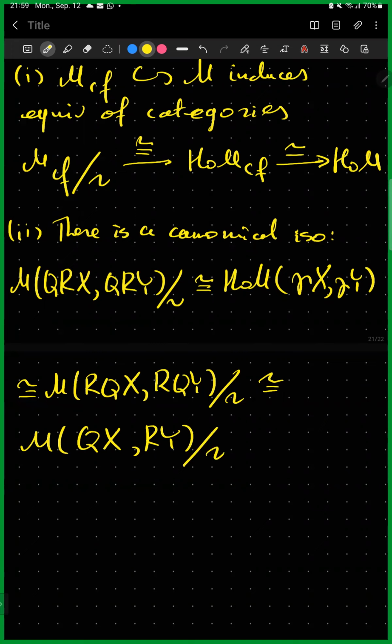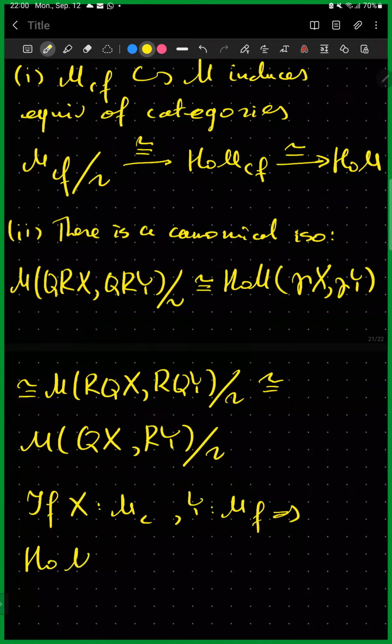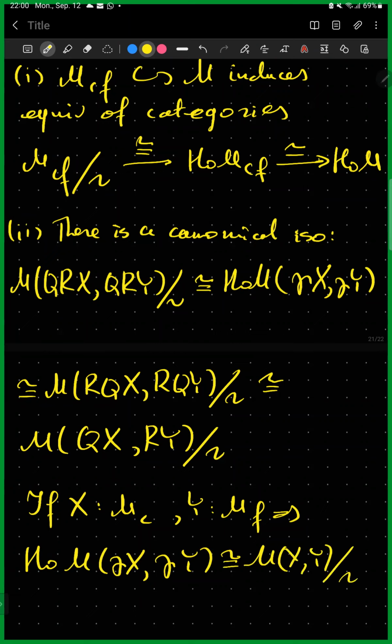And if X is cofibrant and Y is fibrant, then we have an isomorphism between morphisms in the homotopy category and just morphisms between X and Y modulo the homotopy relation.